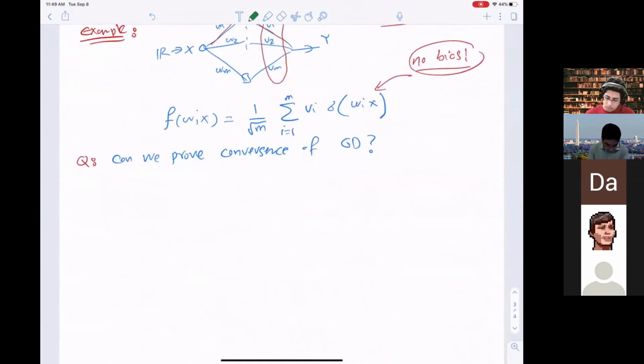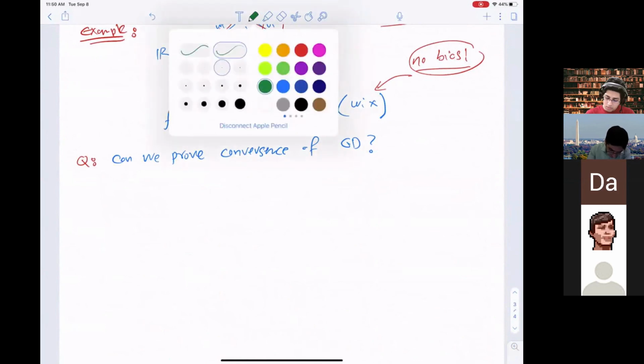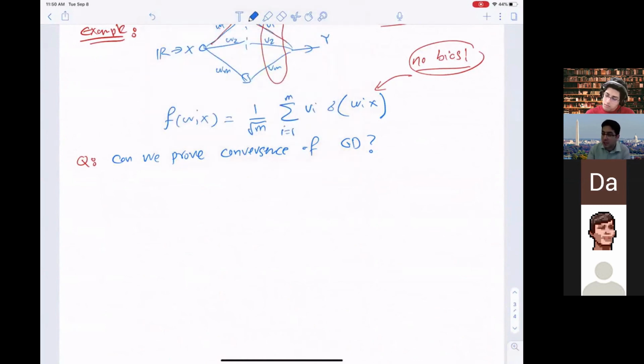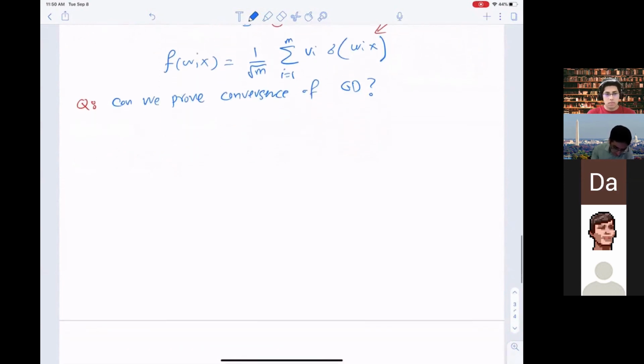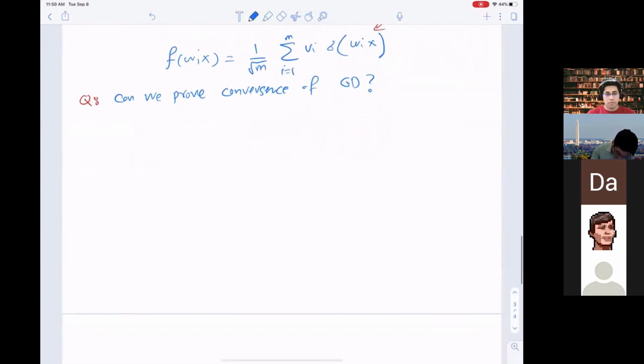Okay, so in order to do that, again, we need to understand the Hessian and the tangent kernel. There are two matrices, remember: one is K and the other one is the Hessian. So we need to understand these two things. In order to first look at the tangent kernel, we need to compute the gradient. So I'm going to compute the gradient of f with respect to, let's say, a particular wi, evaluated at x.